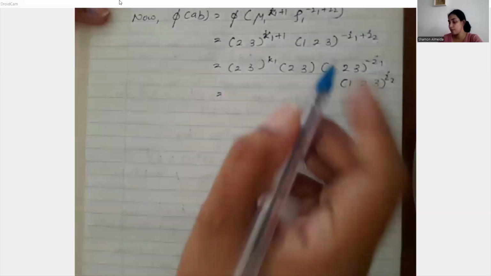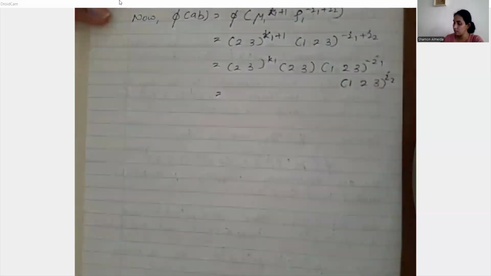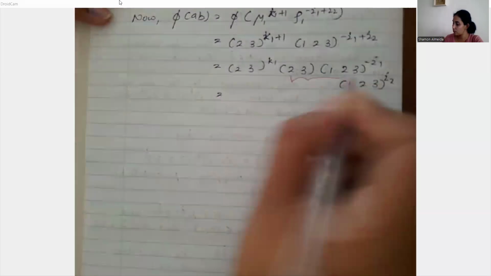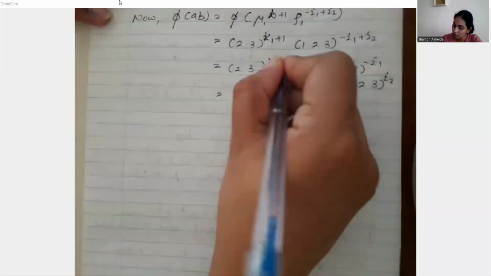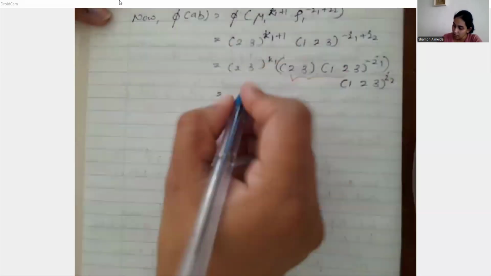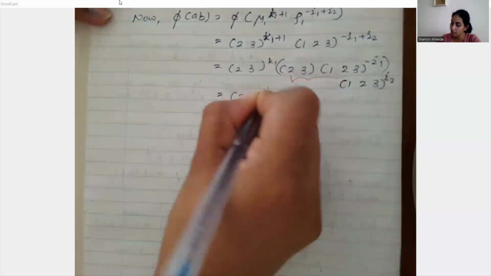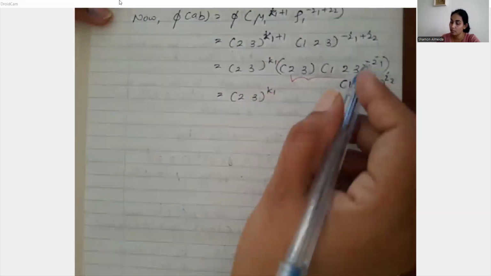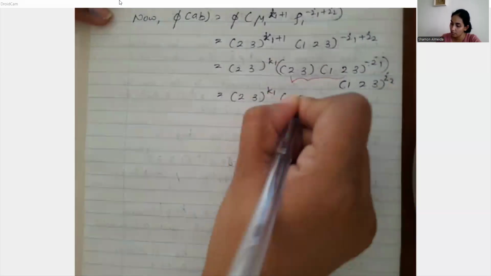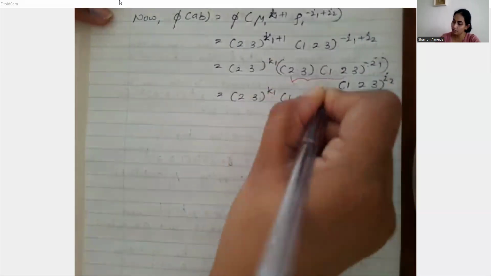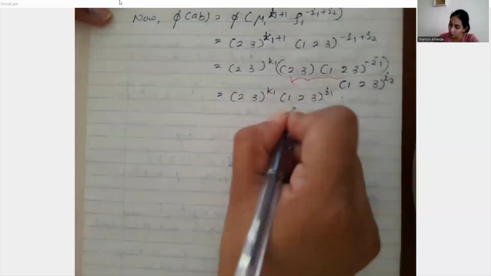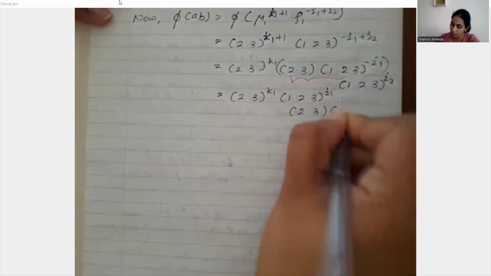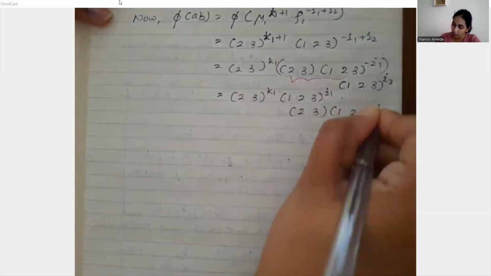Now once again we apply the relation to these two. We get (2 3)^K1, permuting these, and we send this power to its negative counterpart, so negative gives you a positive. We have (1 2 3)^I1 times (2 3) times (1 2 3)^I2.